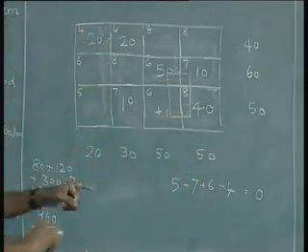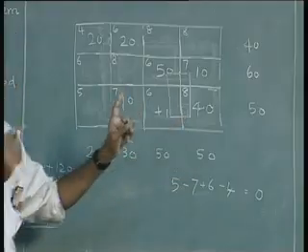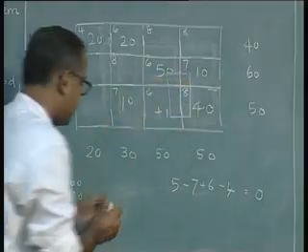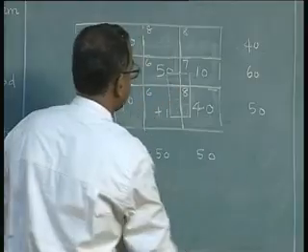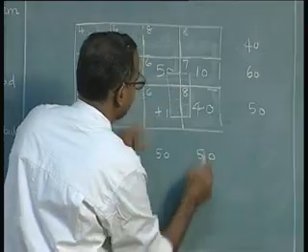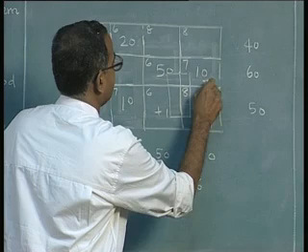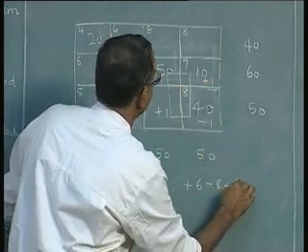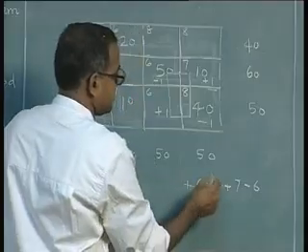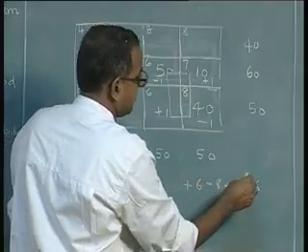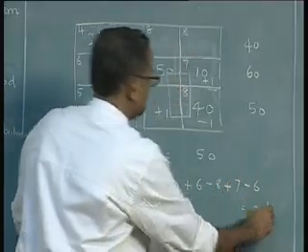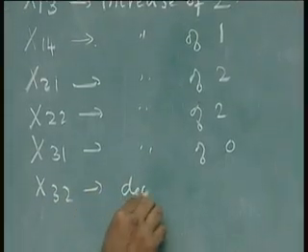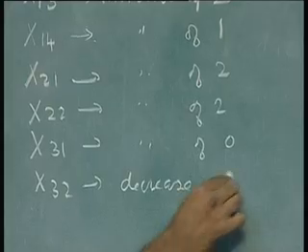Please remember that in a loop you have to move horizontally and vertically alternately and switch to positions where there are allocations. So the net effect here would be plus 6, minus 1 here, plus 1 here, minus 1 here. So plus 6 minus 8 plus 7 minus 6. This is 6 minus 8 is minus 2, plus 7 is 5, 5 minus 6 is minus 1. So x32 would give us a decrease of 1.